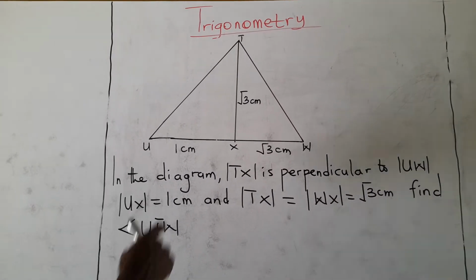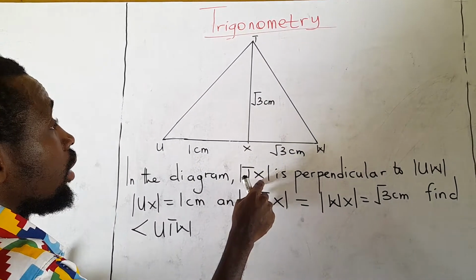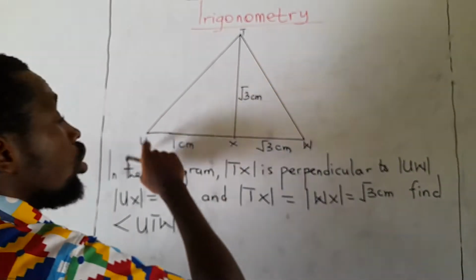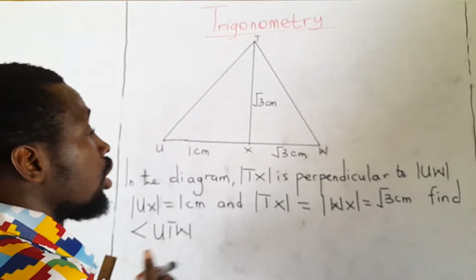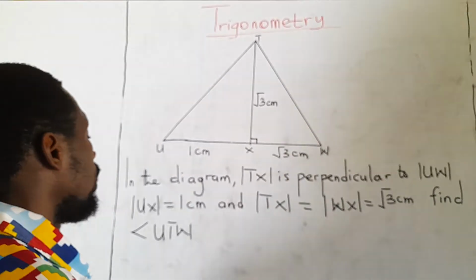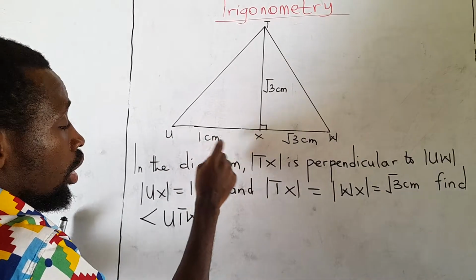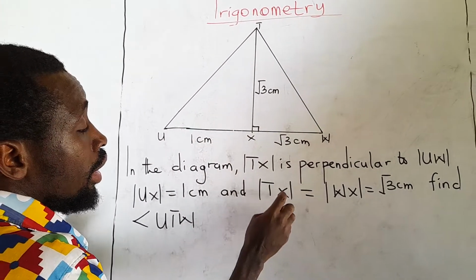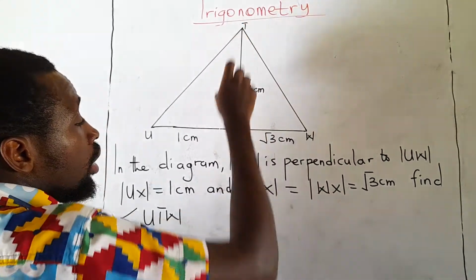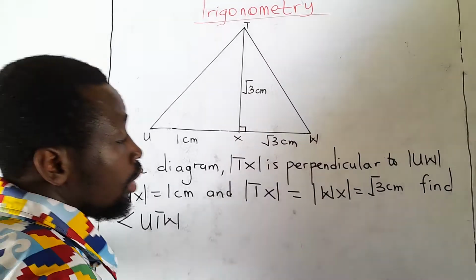They say in this diagram, line TX is perpendicular to UW. So it's perpendicular to it. That should tell you that the angle here is 90 degrees. UX is 1 centimeter. And TX is equal to UW, all equal to root 3 centimeters.